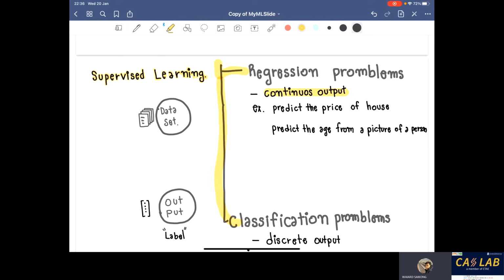In the regression problem, we're trying to predict a continuous output. For example, we try to predict the price of a house when we know some parameters of the house, such as the area of the house in square meters. Or we try to predict the age from a picture of a person.